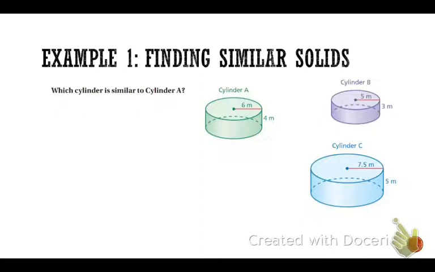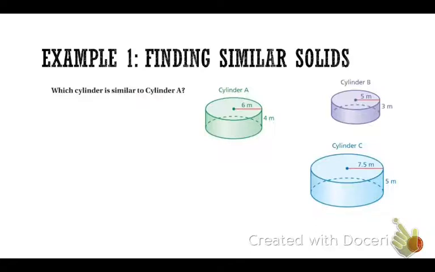All right, in example 1, I'm going to explore which solid is similar to cylinder A. The most important idea here is that we set up a proportion comparing the same unit on both sides.